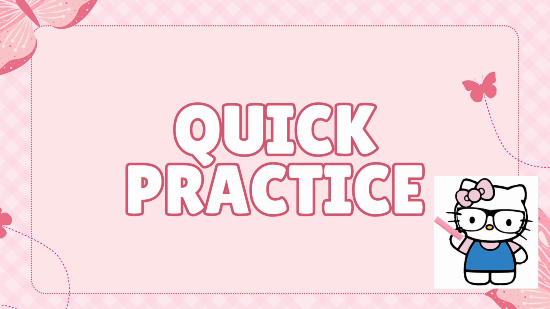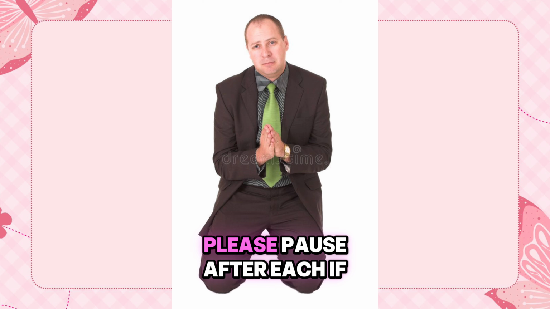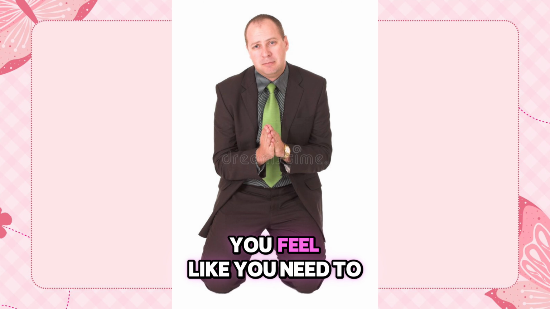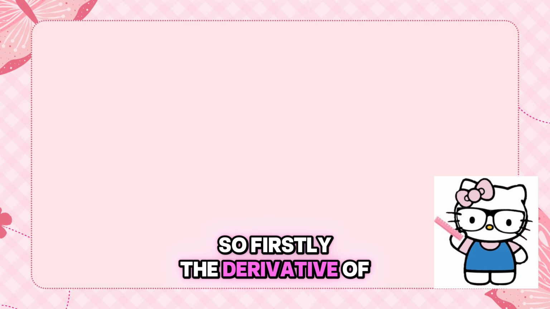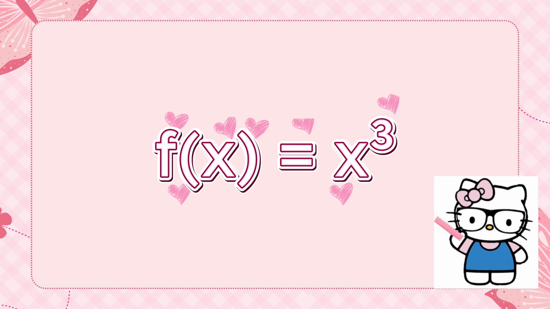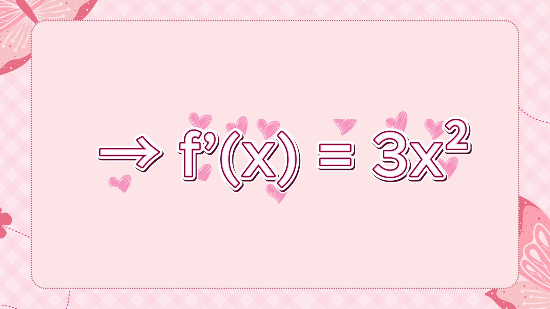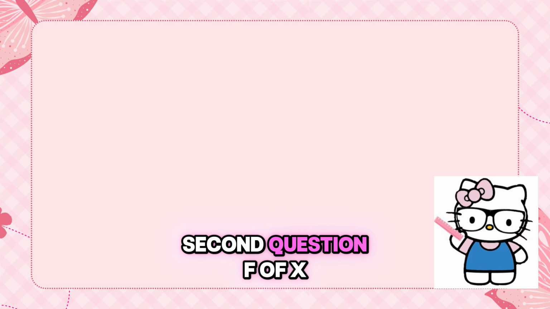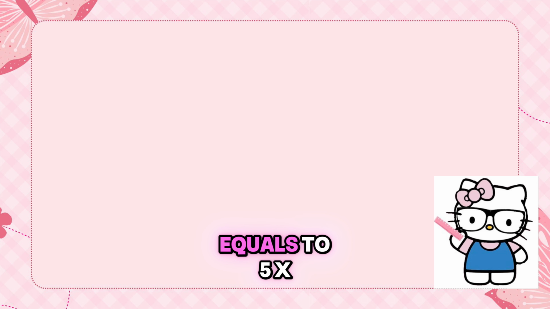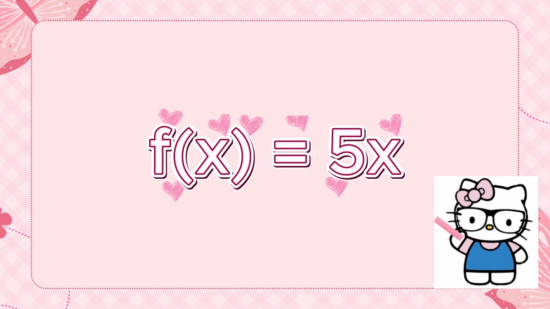Now for a quick practice. Please pause after each if you feel like you need to. So firstly, the derivative of f of x equals x cubed. Answer in 3, 2, 1. Second question, f of x equals 5x.